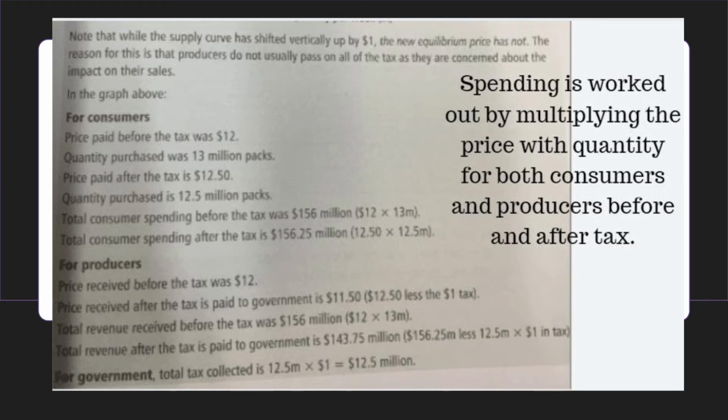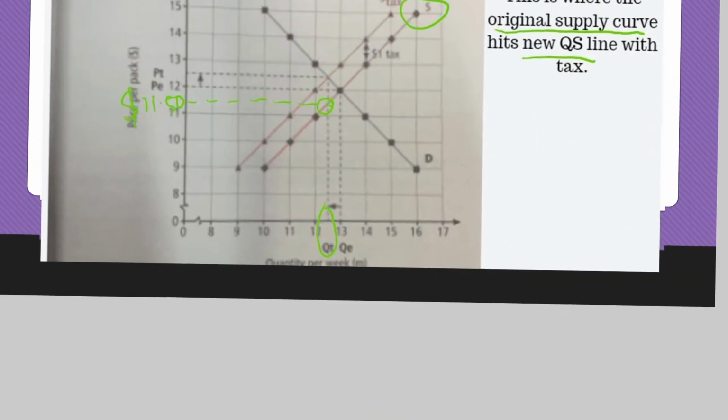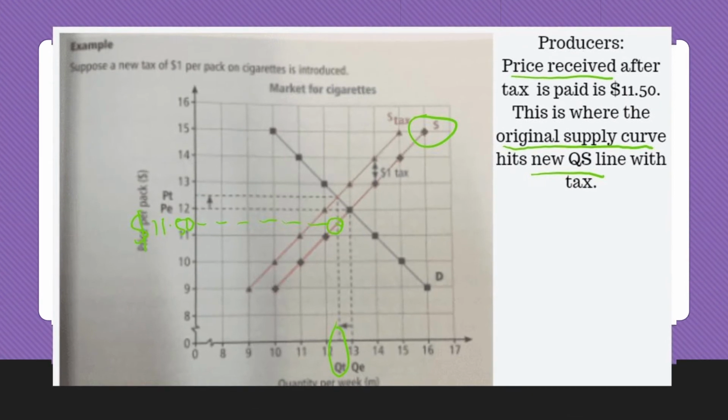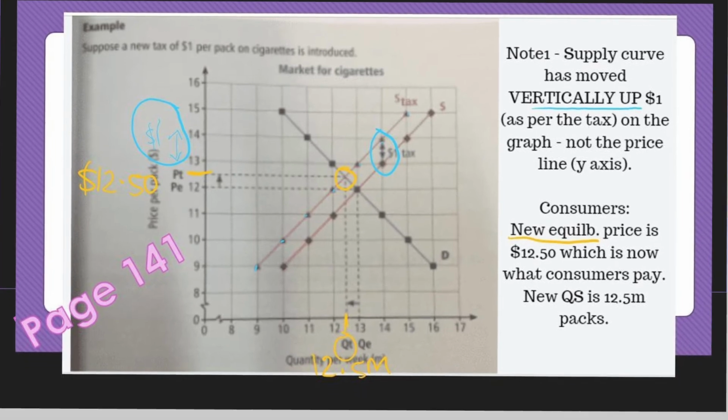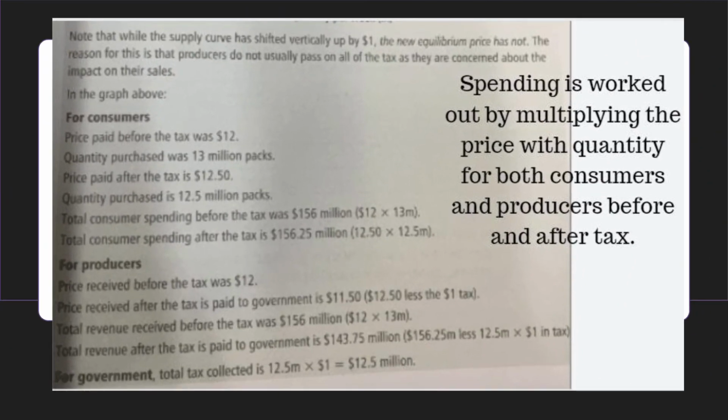So let's just go back and have a look at that. So at the original price point, we see that it was $12 and 13 million. After the tax, we saw that the price that the consumers pay is $12.50, and the quantity was 12.5 million.